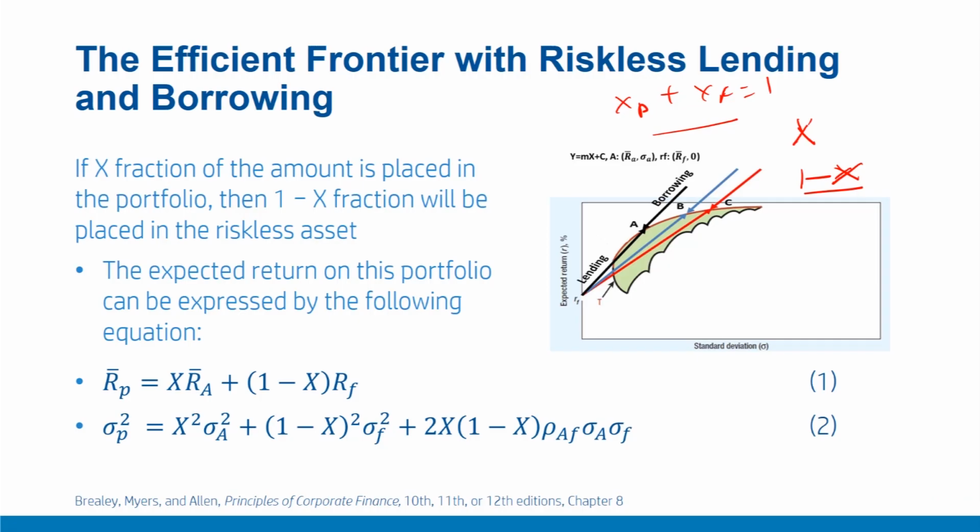And therefore the expected return on this portfolio RP is equal to simply x into RA bar plus 1 minus x into RF. RF is the certain return on the risk-free instrument. Again, we can also compute the risk of this portfolio, sigma p square, very simply: x square sigma a square plus 1 minus x square sigma f square plus 2x into 1 minus x rho f sigma a sigma f. But please remember here, sigma f equal to 0 because there is no risk with the risk-free instrument, and therefore the amount is simply x square sigma a square.